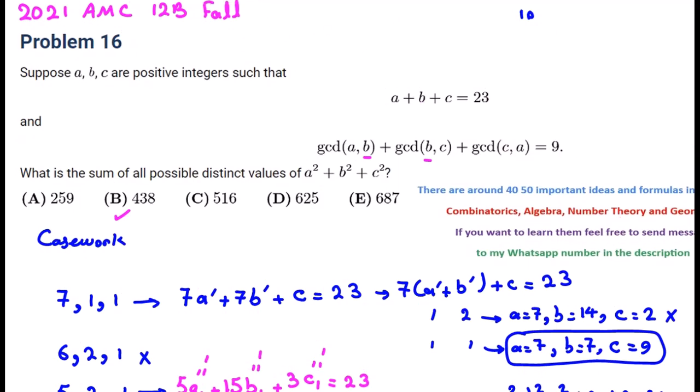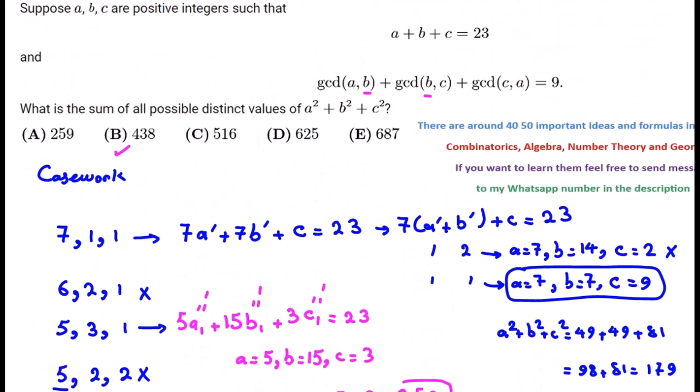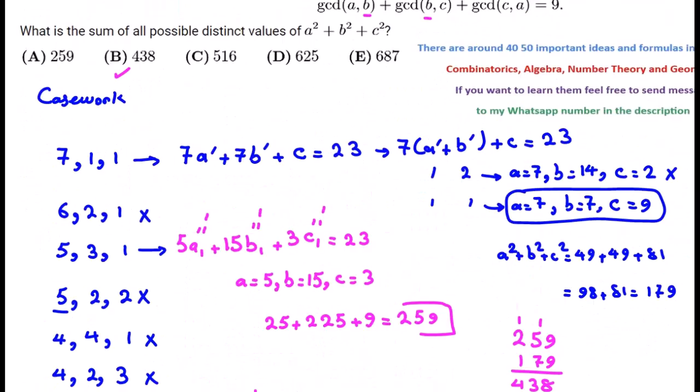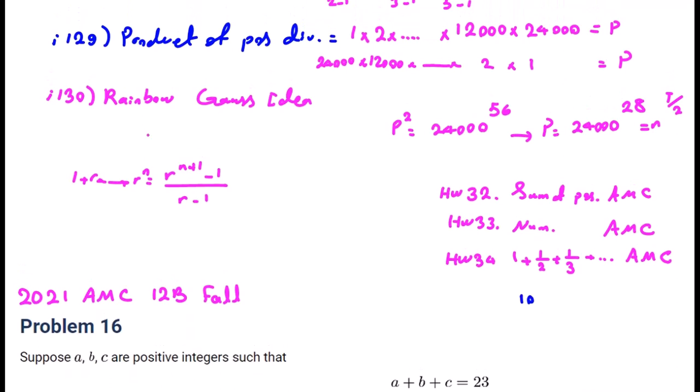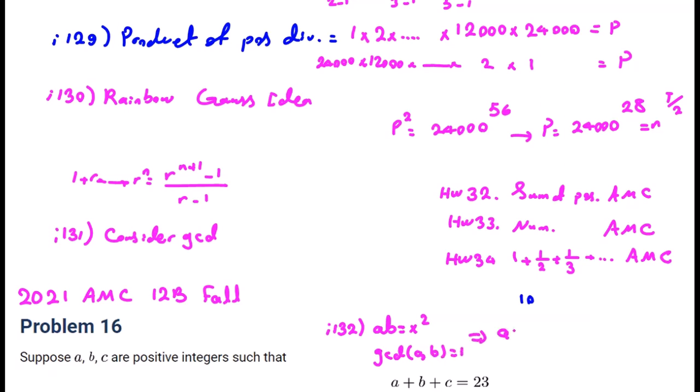Okay, so we've considered up to which idea here. We've used casework, GCDs, and sometimes you should consider GCD. This idea is useful. Idea 131, consider GCD in many problems. And for example, one thing is what? Idea 132. If AB is x squared and GCD of A and B is 1, then we can go. We had a similar problem in AMC 2022.